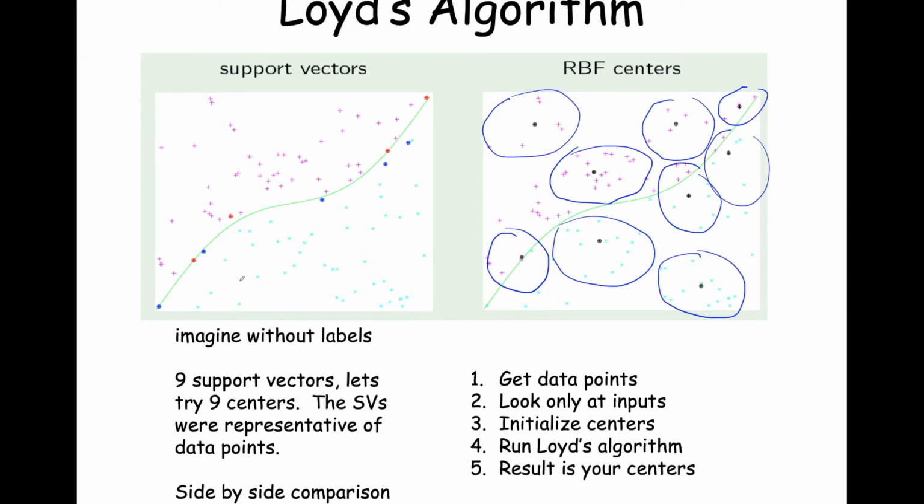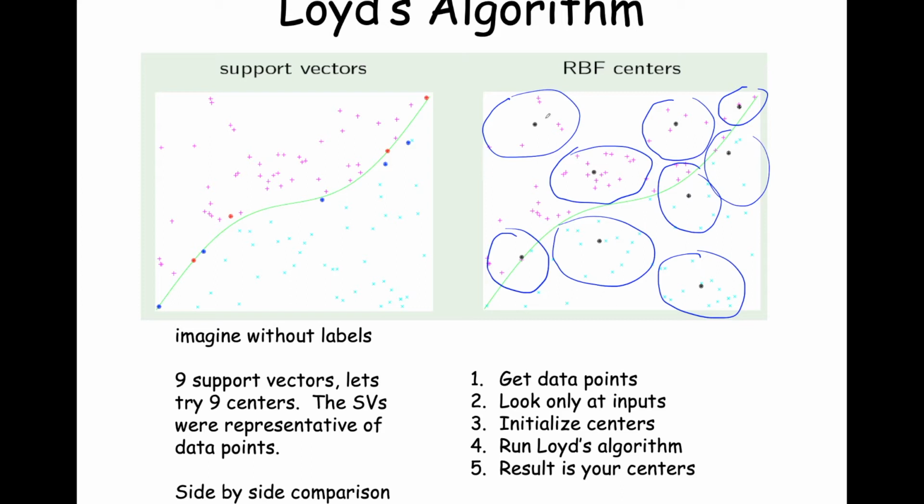And so we have 9 support vectors, and the support vectors are representative of the data points in the sense that these support vectors determine this plane, right? And this separating hyperplane, determining the max margin hyperplane. So they're kind of indicative of the data, whereas the centers are indicative of the data in the sense that all of the data are within clusters that are some combination, if you will, you can determine from these centers.